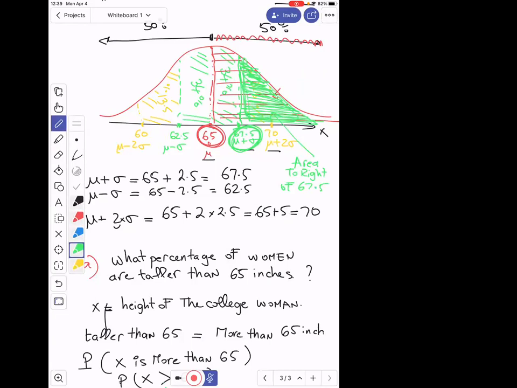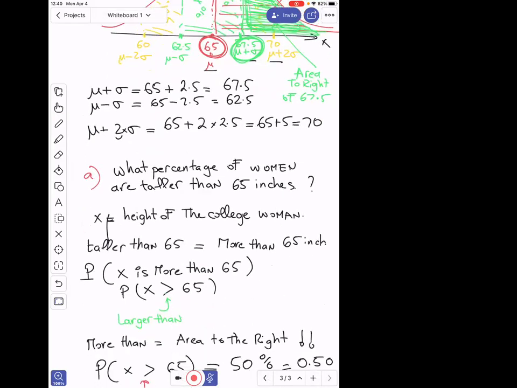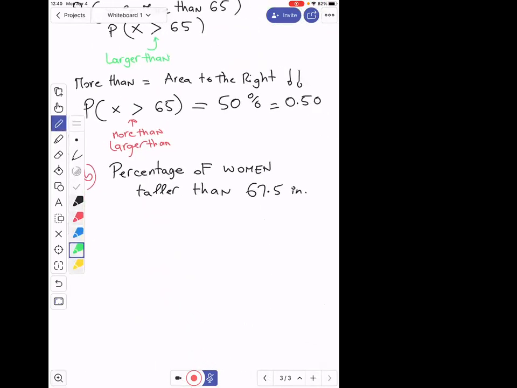In other words, that would be the area from this point to the right. So what will be this area here? 25? Nope, it's not 25. It'd be 17. It's actually 16.